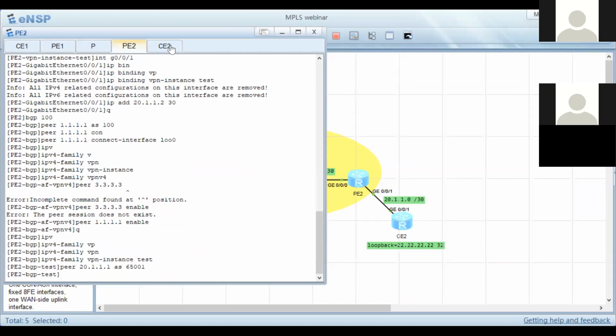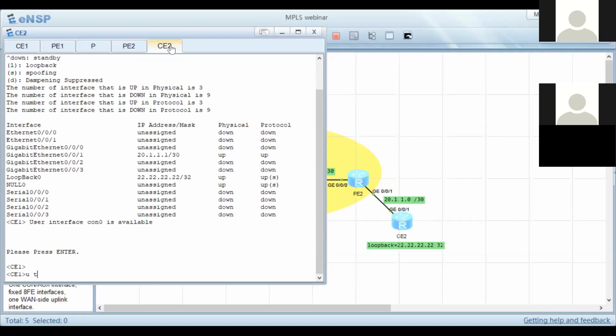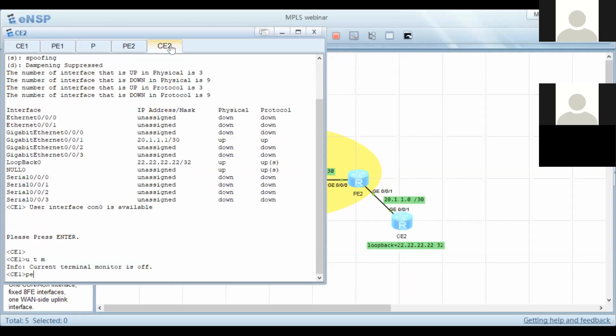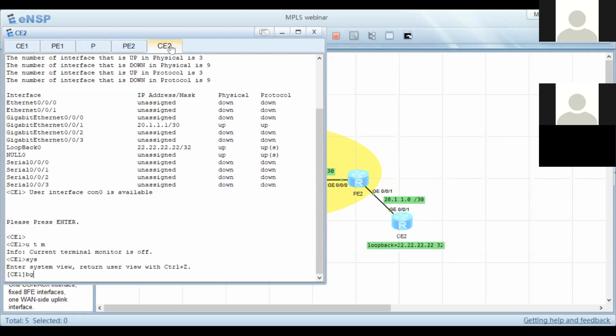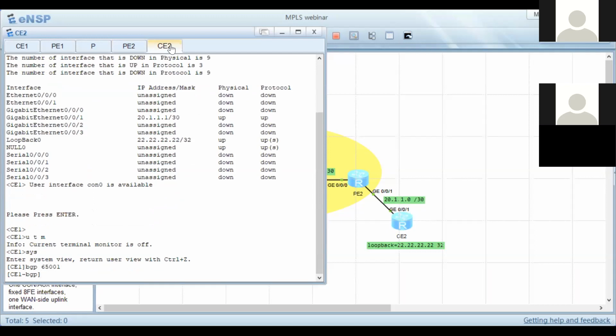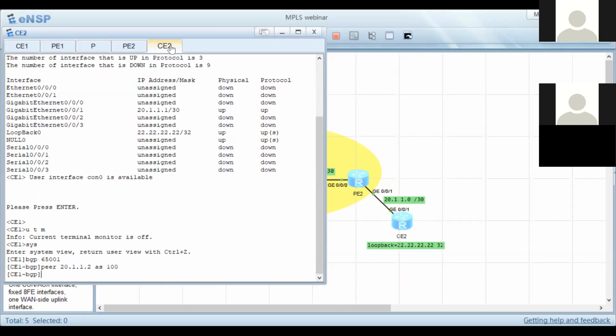And the same is going to be done here, 65001, 20.1.1.2 is 100, and we will advertise our internal network 22.22.22.22, which means the loopback 0.